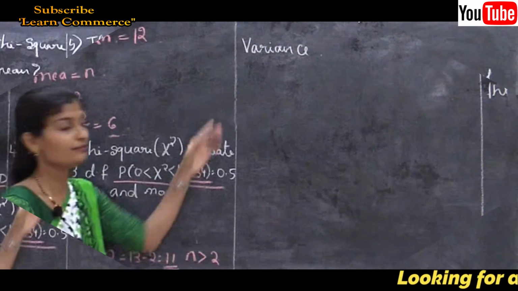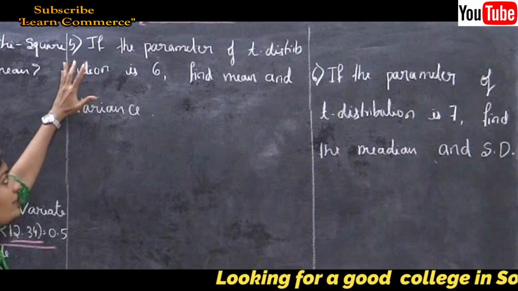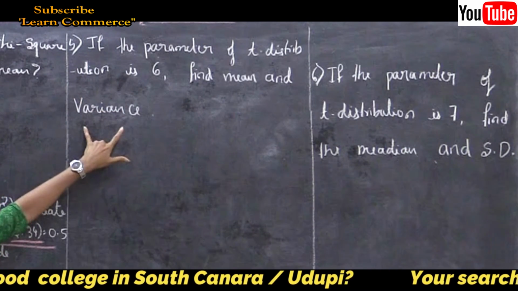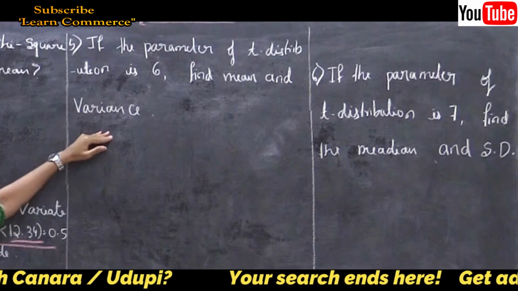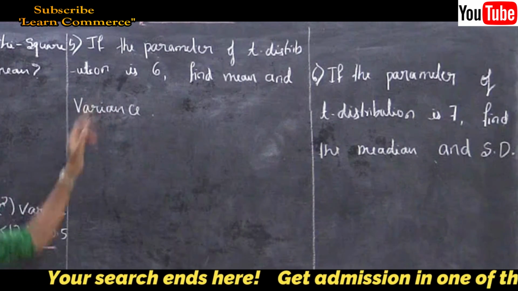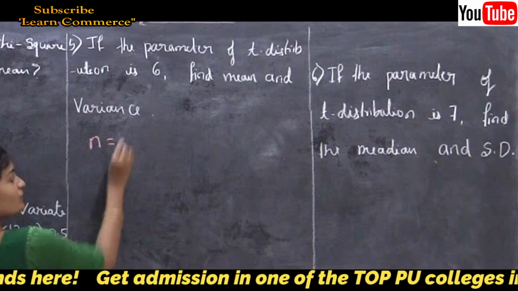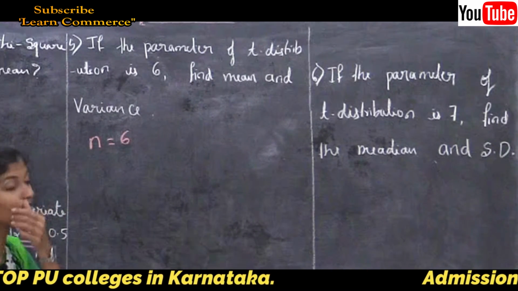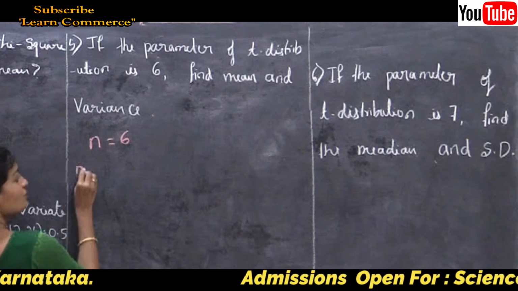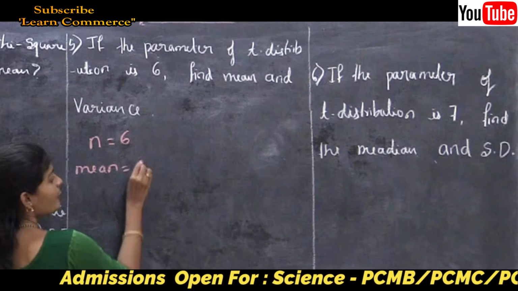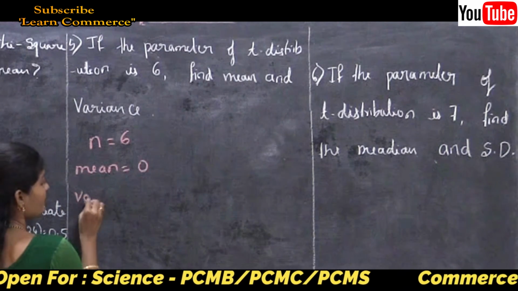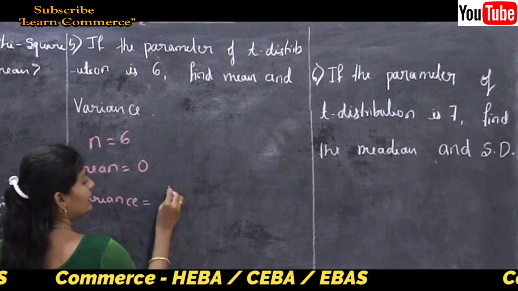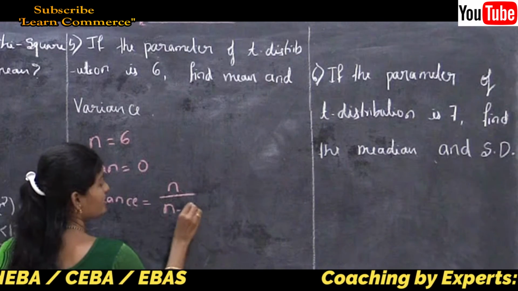Okay, next the fifth problem, that is if the parameter of t distribution is 6, find the mean and variance. The parameter of t distribution is n, so the given observation is n is equal to 6. We know that the mean of t distribution is 0, so here the mean is 0. And the variance formula, if n is greater than 2, is n divided by n minus 2.